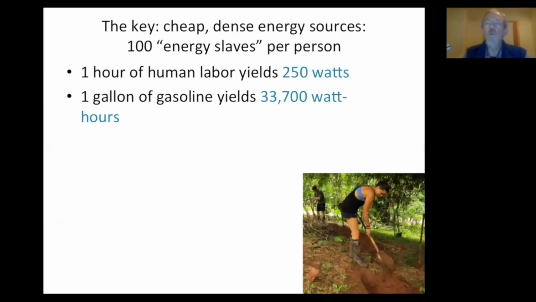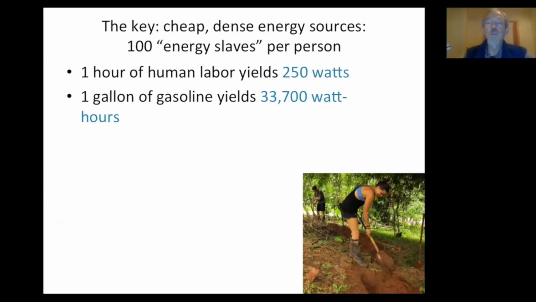So I want to go through some numbers just to show you the miracle that we have of cheap energy. Each person in the overdeveloped world, the US and Europe and Australia, New Zealand, these countries have roughly what they call, I know it's not a politically correct term, energy slaves.